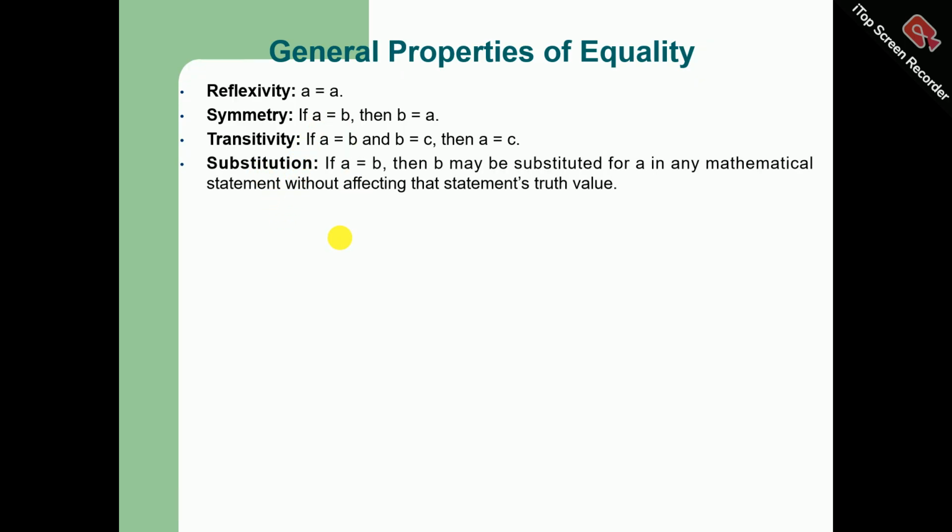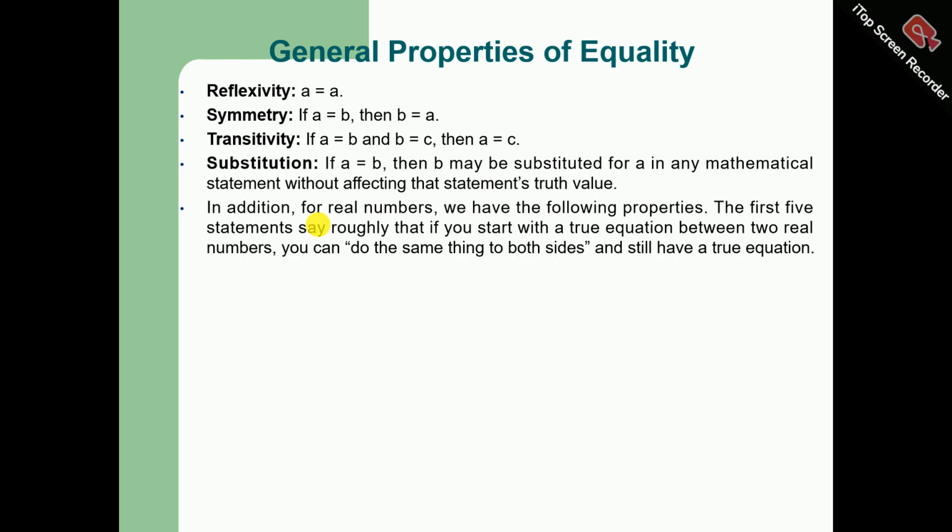If A is equal to B, then B may be substituted for A in any mathematical statement without affecting the statement's truth value. In addition, for real numbers, we have the following properties. The first five statements say roughly that if you start with a true equation between two real numbers, you can do the same thing to both sides and still have a true equation.